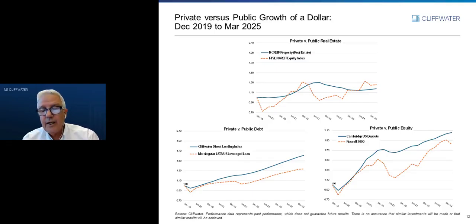On private equity, on the right-hand side, again, they're not going in opposite directions. The amplitude on the Russell 3000, the volatility, is much higher. We always argue that's because you're getting paid for liquidity, and the price of liquidity is pretty volatile.